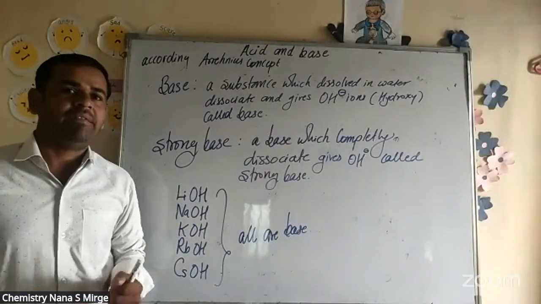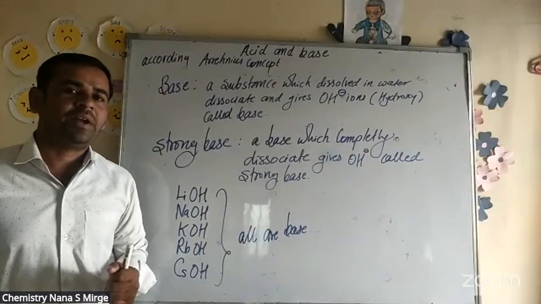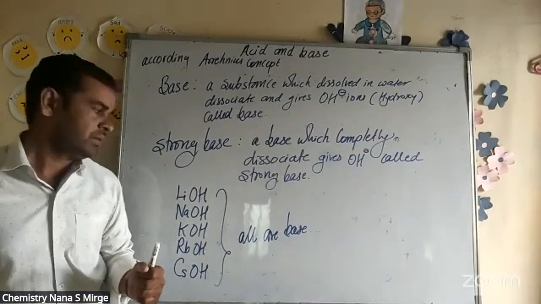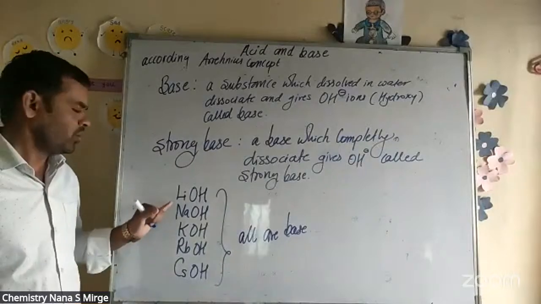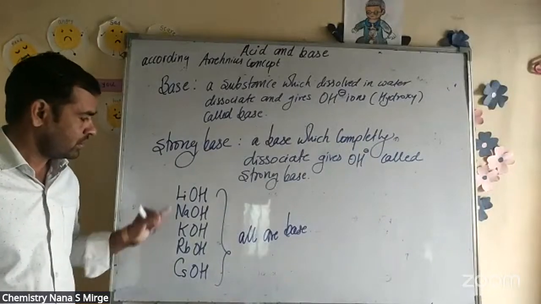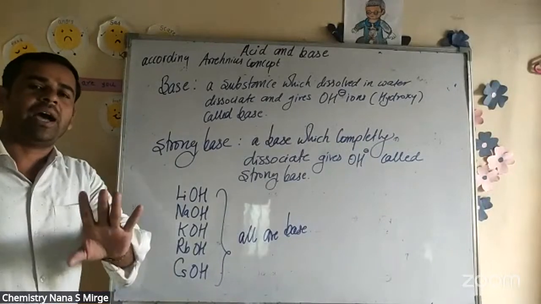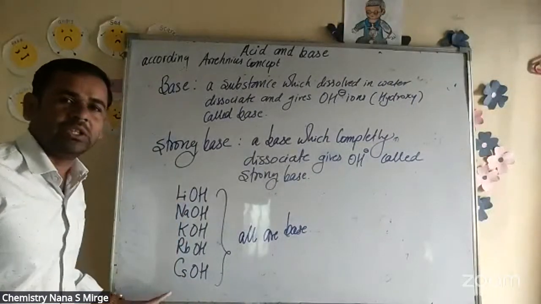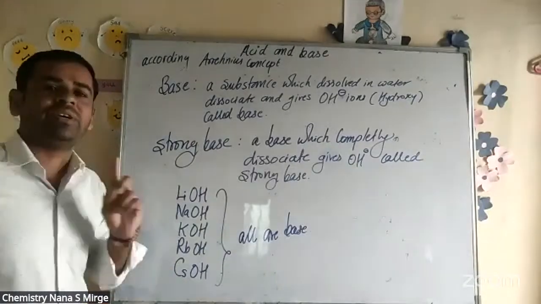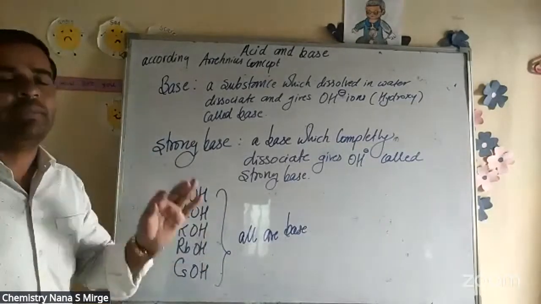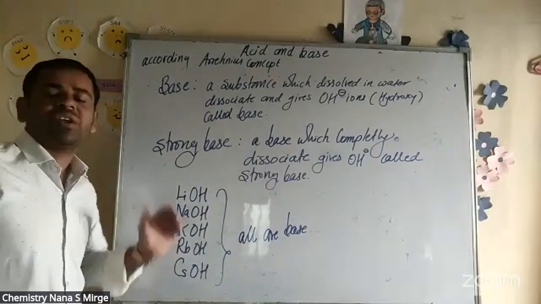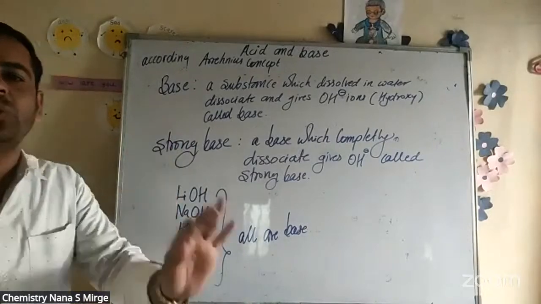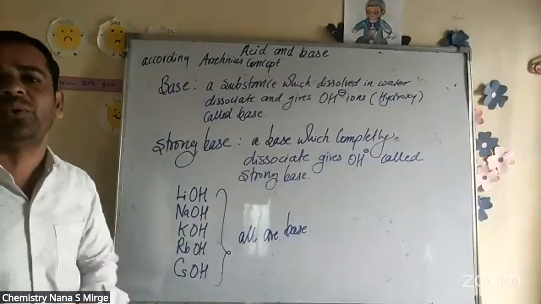Anybody having something to say? Sir, Mg(OH)2 is also a strong base, no? मतलब यहाँ पर Mg(OH)2 नहीं लिखा है, I only ask you, among these you have to decide which one is the strong base, that means which base readily dissociates and strongly gives OH negative ion.